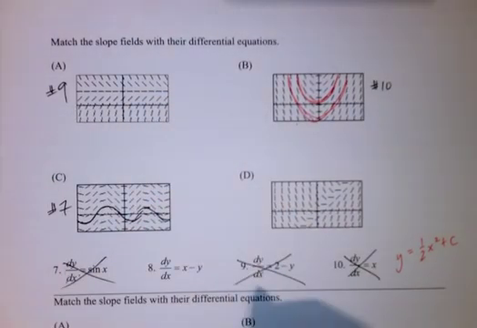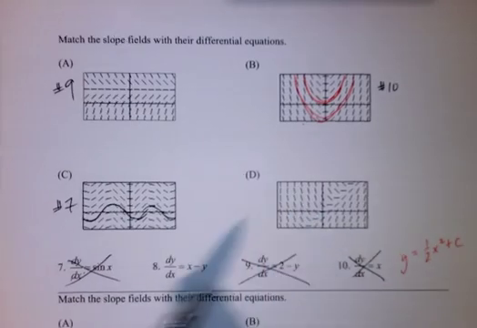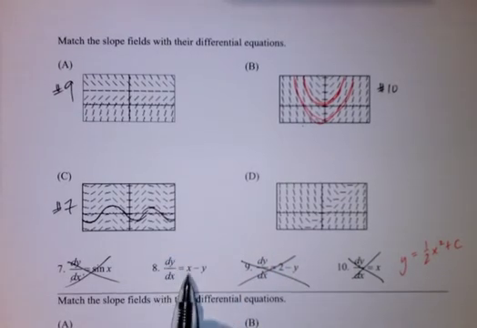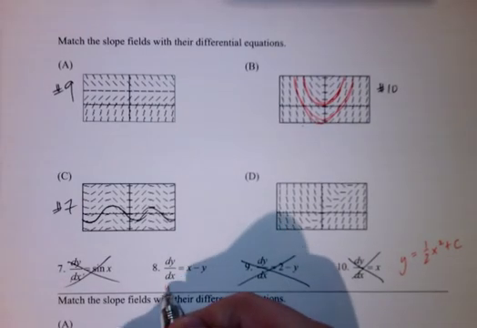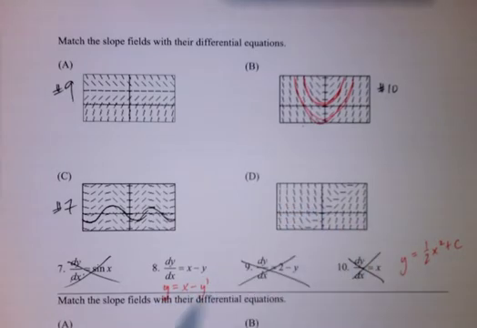Now, obviously, by process of elimination, number 8 is D, but I want to reason through it before we move on to the next set of matching. dy/dx is equal to x minus y. Now remember what I did for the last one that we did this for, okay? I transformed it into y equals x minus y prime, okay?